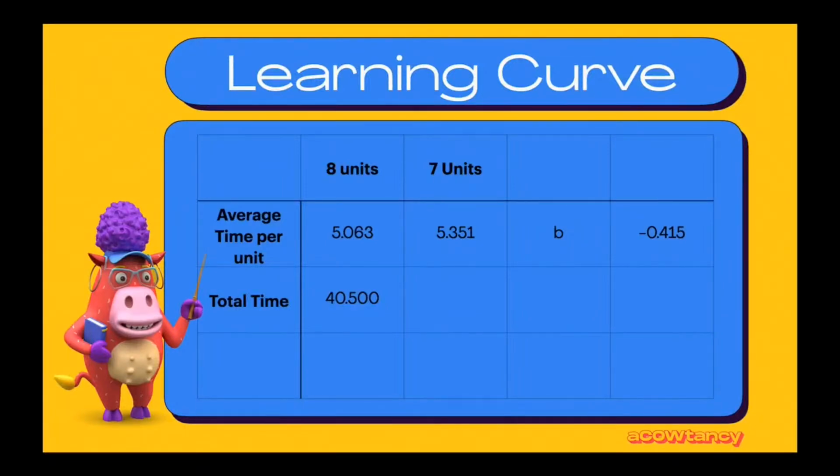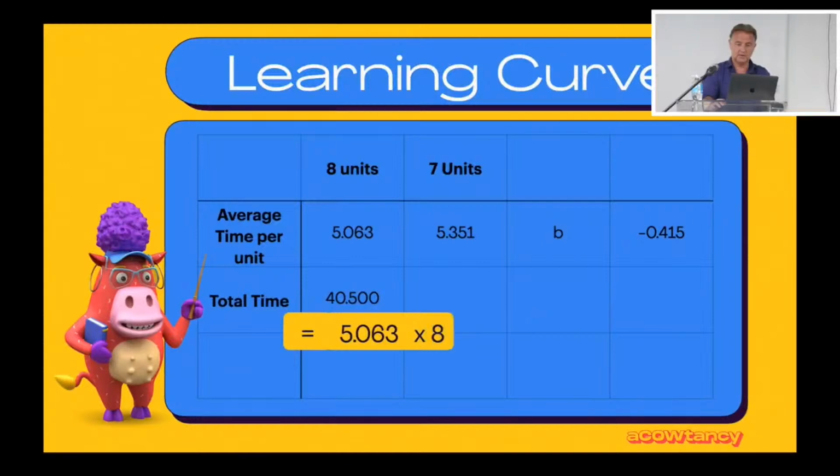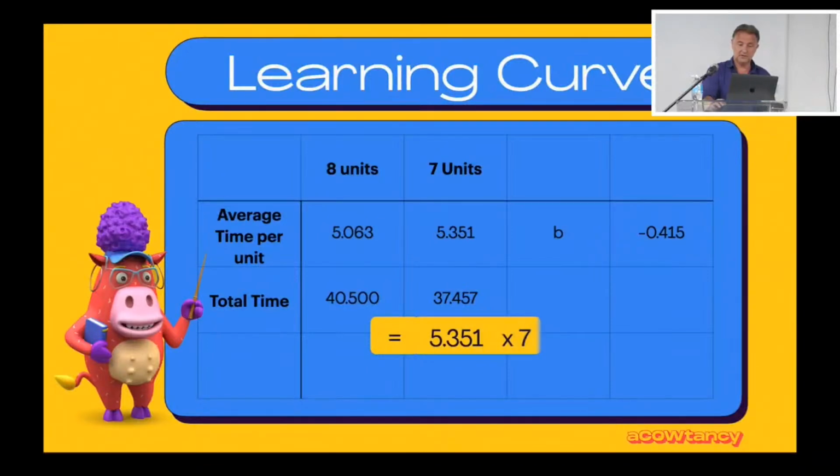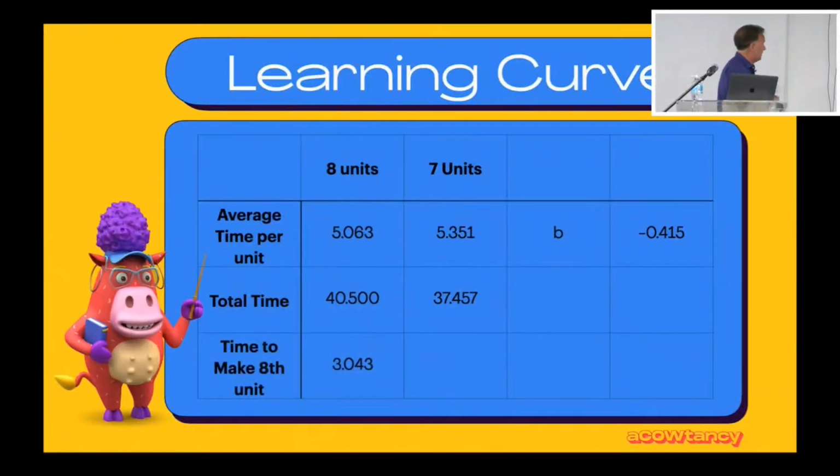Average time times by 8. And for 7? Average time for 7 units times by 7. Quite straightforward then. And finally, time to make the 8th was 3.043, which was hopefully that minus that.